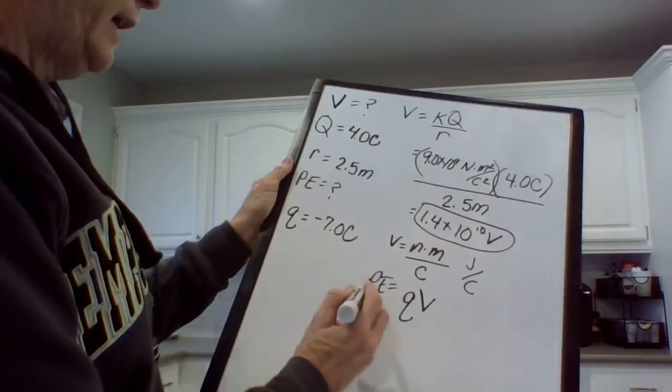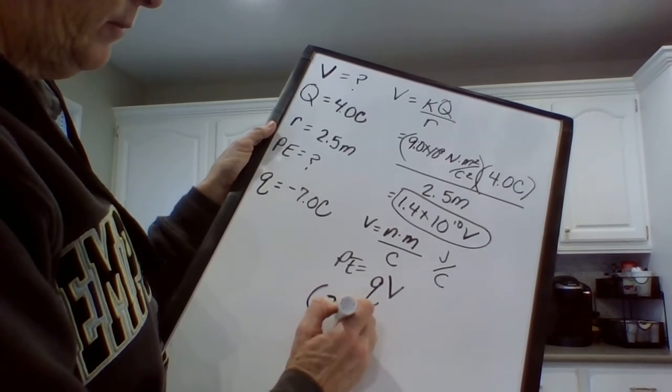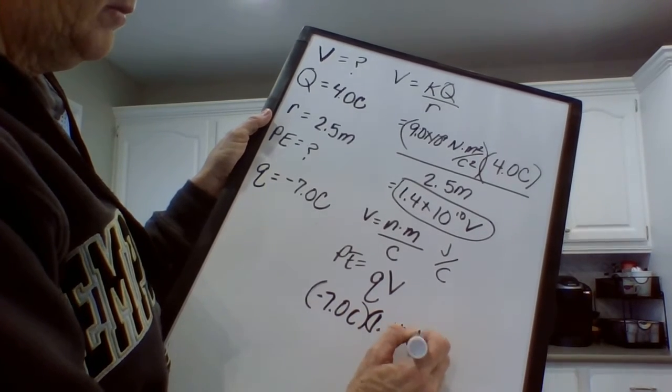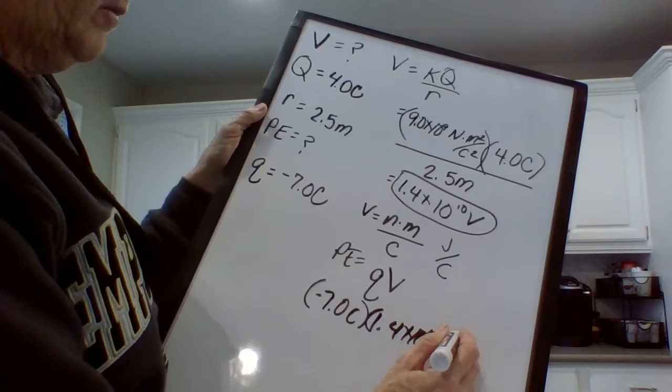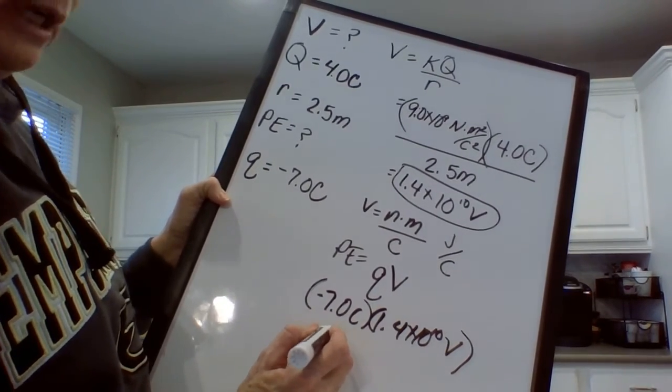So you're just going to take Q times voltage and you're left with joules.